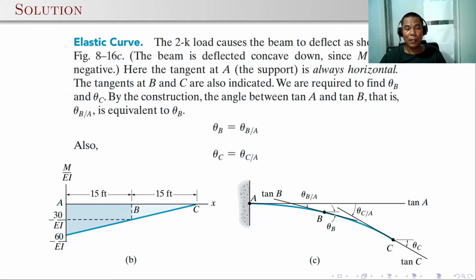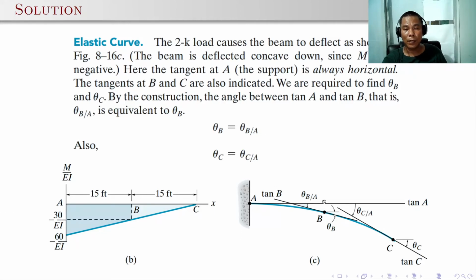So theta B is simply equal to theta B over A, and likewise theta C is equal to theta C over A because of the geometry of the diagram. So here you cannot directly compute theta B and theta C, but instead take the theta of the tangent from point B with respect to A.